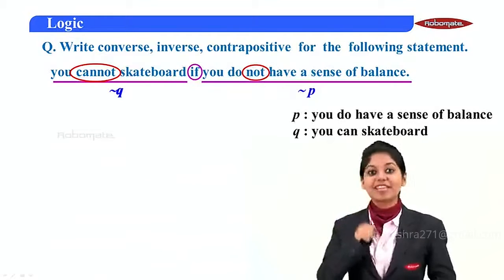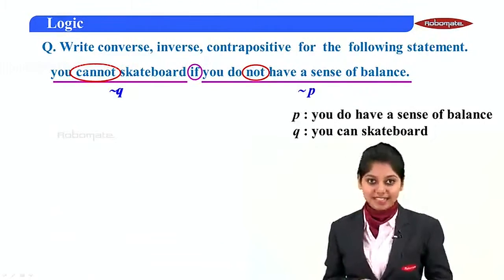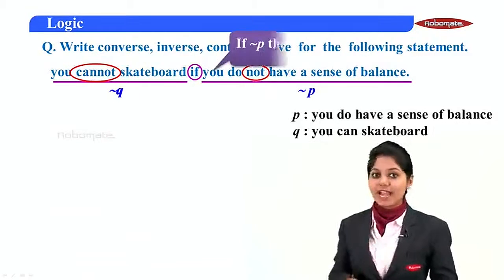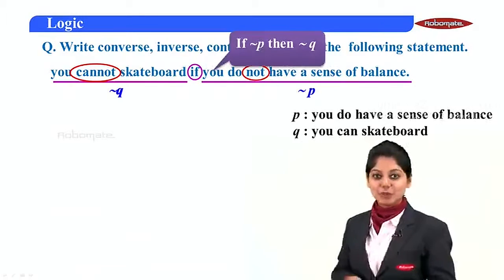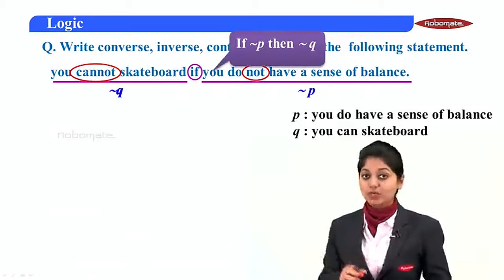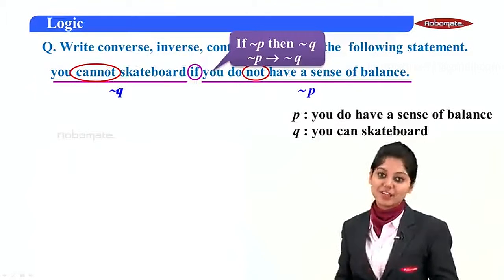Negation Q if negation P, which is nothing but the form of a conditional statement. So it will be given as if negation P, then negation Q. Understood class? Whose symbolic form is negation P implies negation Q.